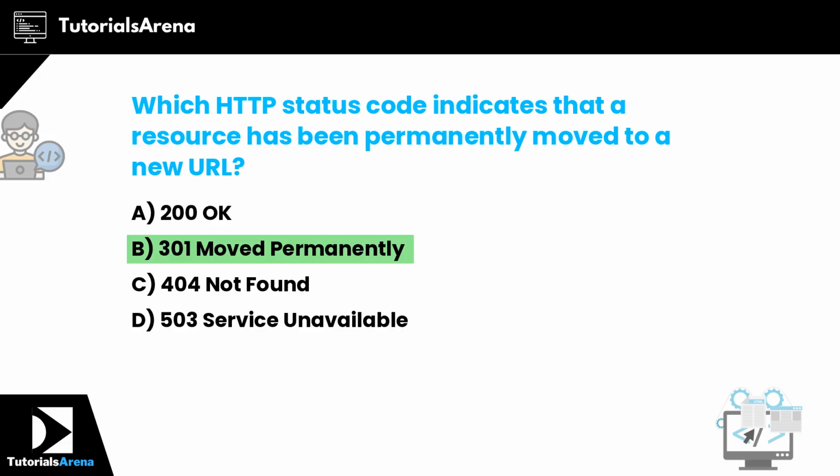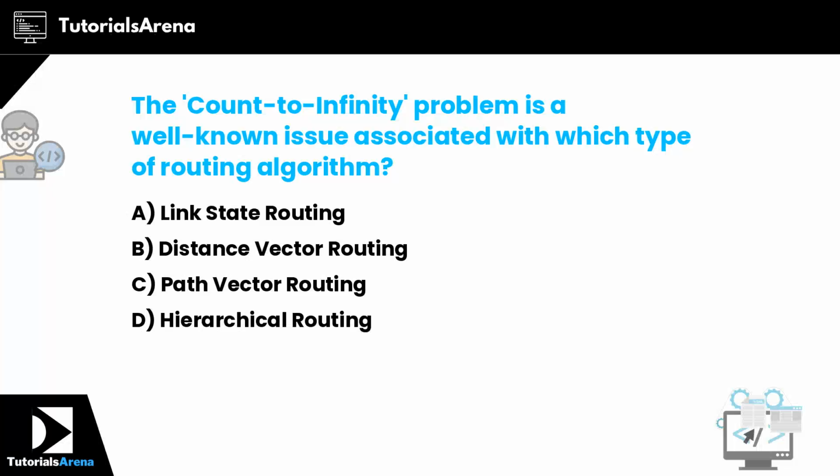The correct answer is option B, 301 Moved Permanently. The count to infinity problem is a well-known issue associated with which type of routing algorithm? The correct answer is option B, distance vector routing.